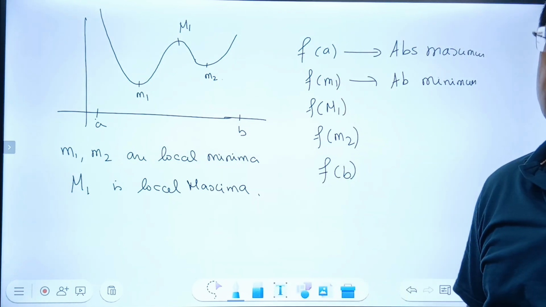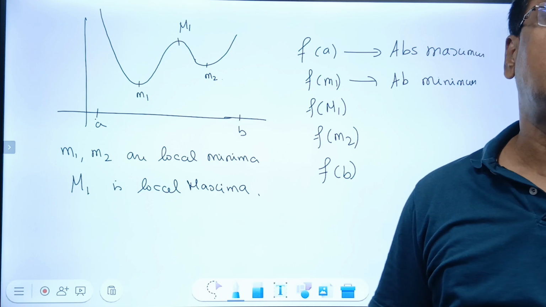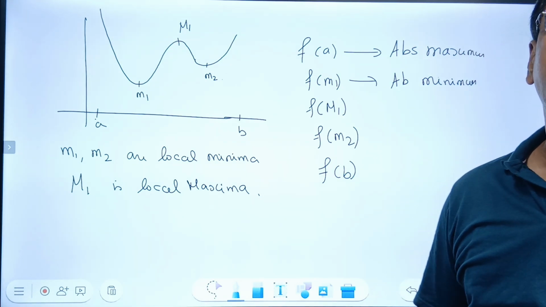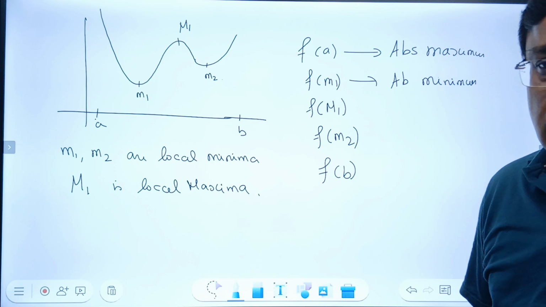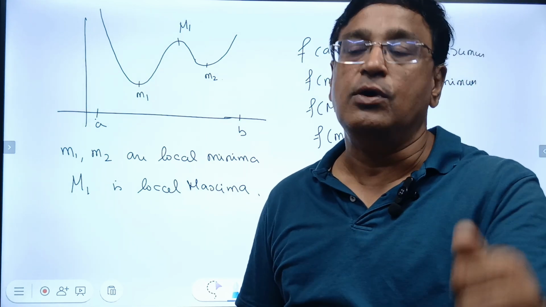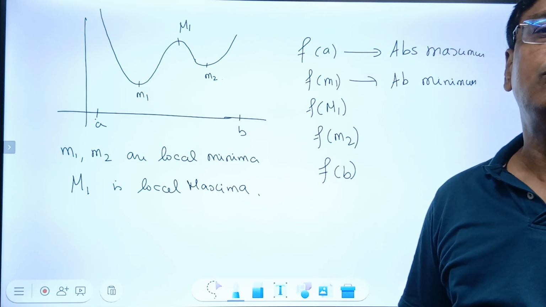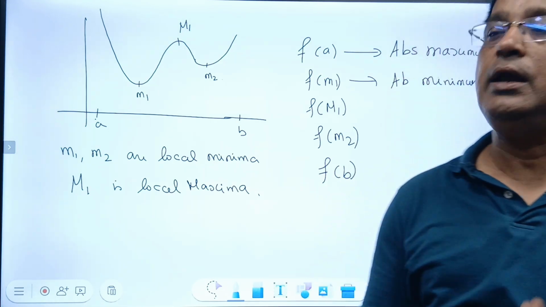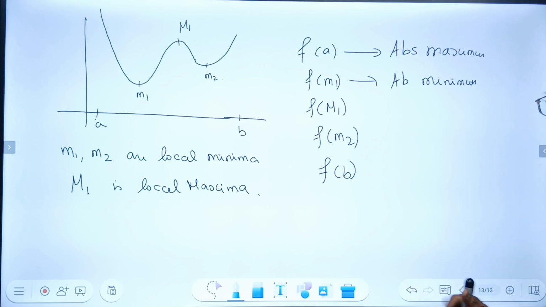Whereas, again I'll repeat, for local maxima and local minima, it always occurs at a point where dy by dx is 0. So for local maxima and local minima, the necessary condition is dy by dx must be 0. For absolute maxima and absolute minima, dy by dx need not be 0. Okay, I hope this is absolutely clear to you.